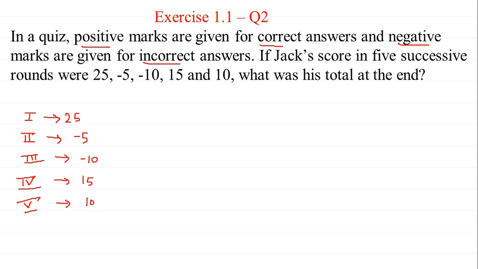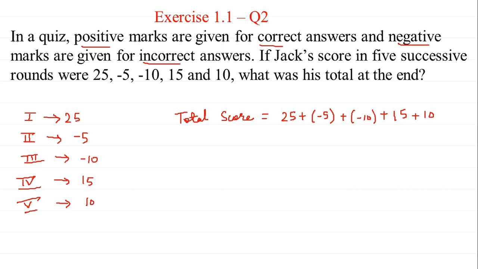So we need to find the total score. How will we find the total score? We'll write total score equals the first round 25. We'll add all the scores. First is 25, then second round was minus 5, then third round was minus 10, in the fourth round he scored 15 and in the fifth round he scored 10.